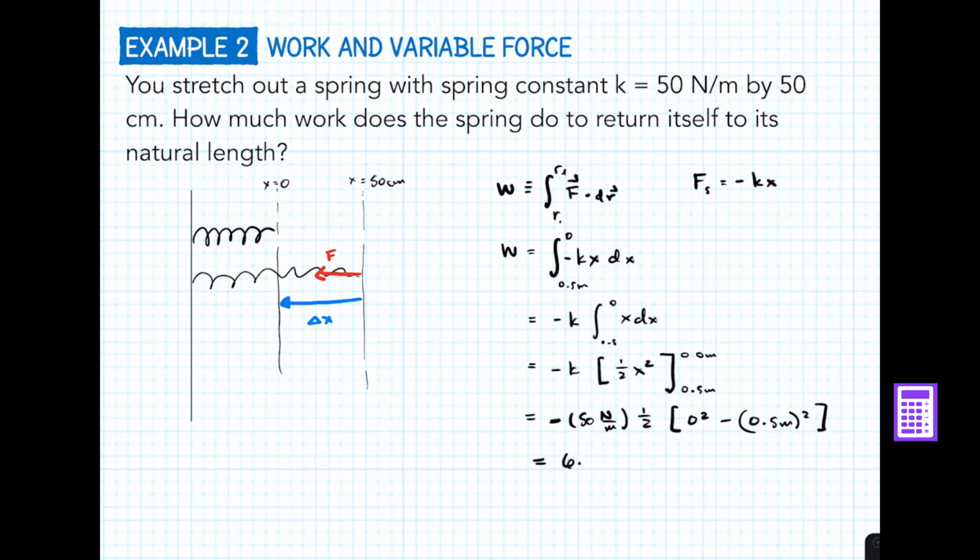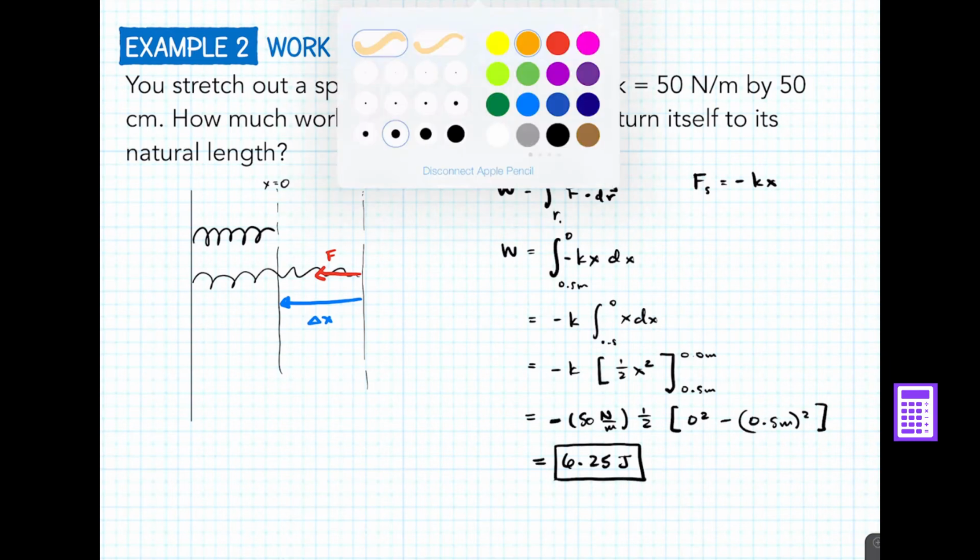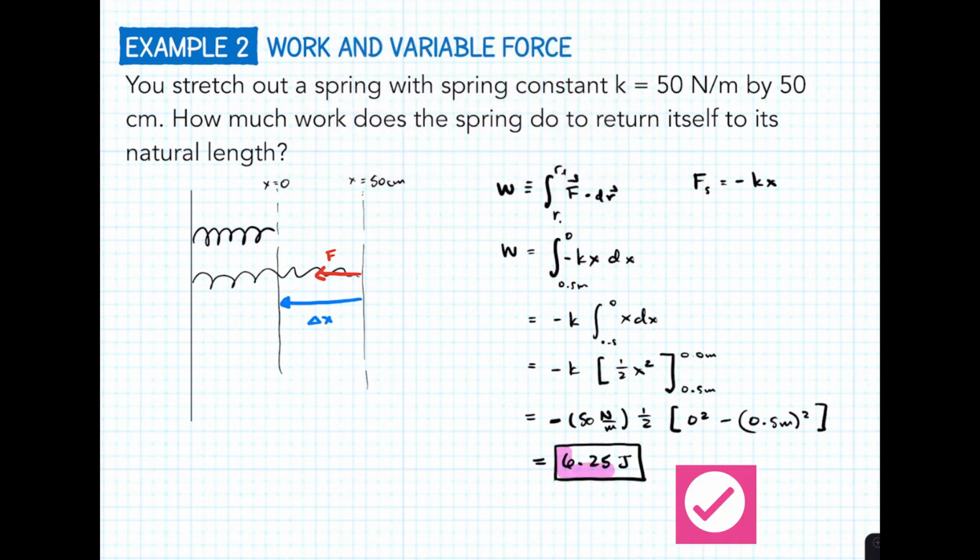You plug all these things in and you get 6.25 joules. And what is this 6.25 joules? Energy. Work. It's work done by what? The spring. Work done by the spring to get itself back to its regular position. What if you had calculated the work done by you?